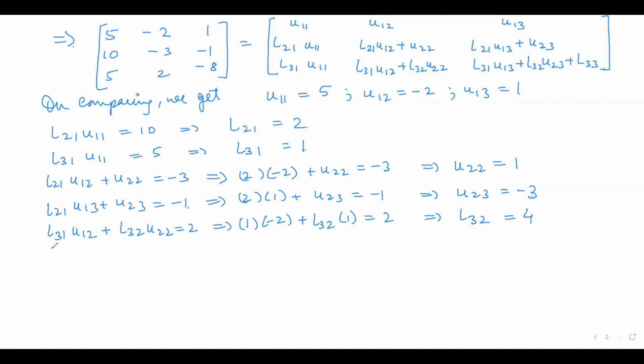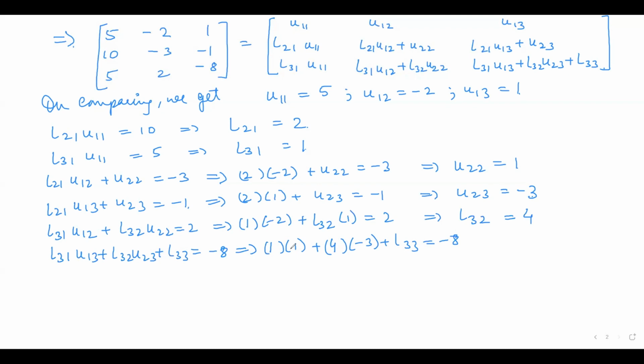Lastly, L31 U13 plus L32 U23 plus U33 is equal to minus 8. L31 is 1, U13 is 1, L32 I have calculated as 4, U23 is minus 3, so minus 12 plus 1 is minus 11.